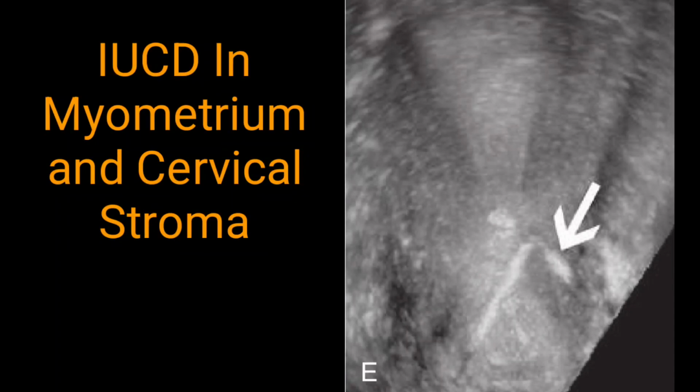Beside this, part of the IUCD can be seen in the cervical area. So this is an improperly positioned intrauterine contraceptive device, and expulsion of this IUCD is imminent. So be careful when you are scanning. Always focus on the position of the intrauterine contraceptive device.